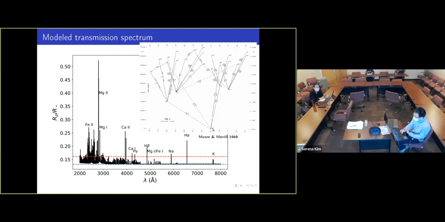So for calcium 1, if calcium exists in the upper atmosphere, there is only one line, this 4227 transition. I see some other observational work trying to detect other calcium lines, especially from excited states, but all the observations turn out negative. So I believe there's no chance to detect any calcium 1 line from excited states.